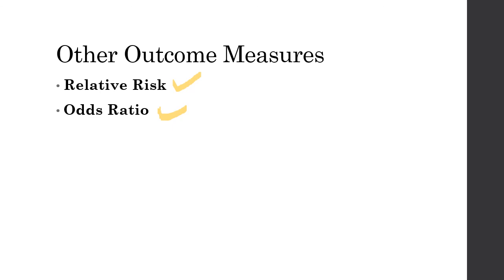Okay, this is required from you. And these other outcome measures, just know them by name. No need to worry about how to calculate them until the coming semesters. I hope this is clear. This is all about cohort study for today.